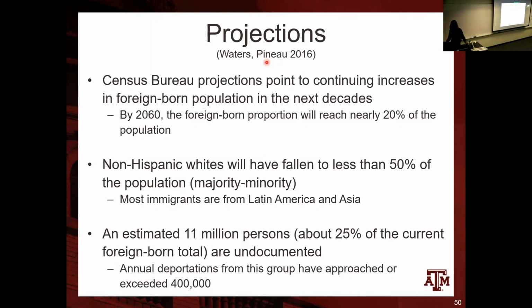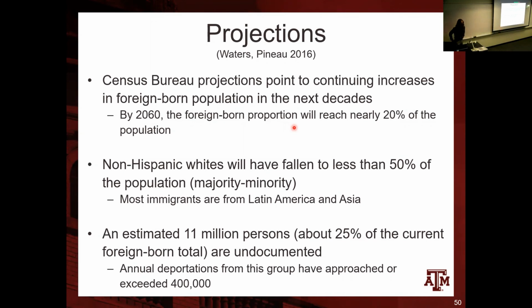Census Bureau projections point to continued increases in foreign-born population in the next decades. By 2060, the foreign-born population will reach nearly 20% of the population. Non-Hispanic whites, by themselves, will be less than 50% of the population. That's what some demographers call the majority-minority society.